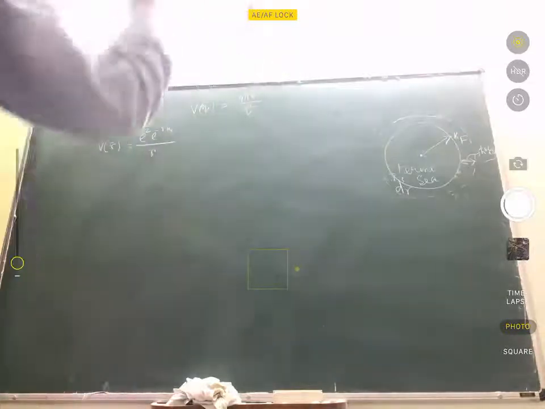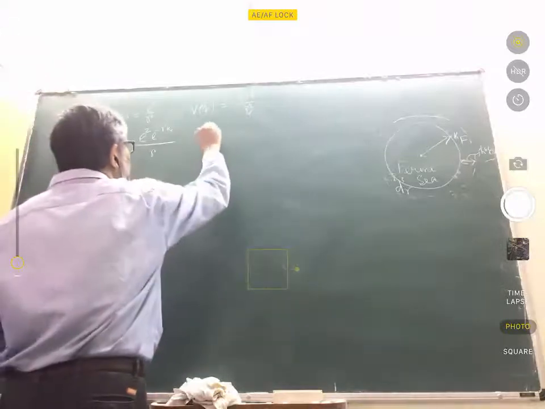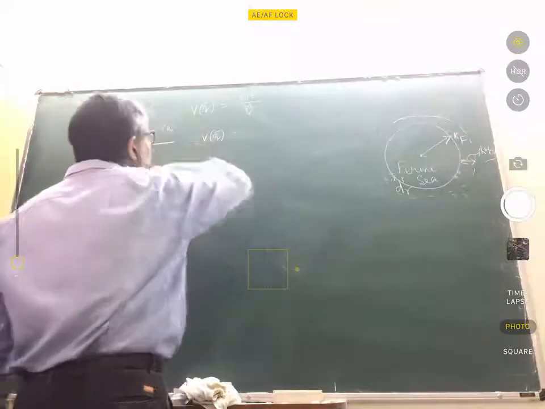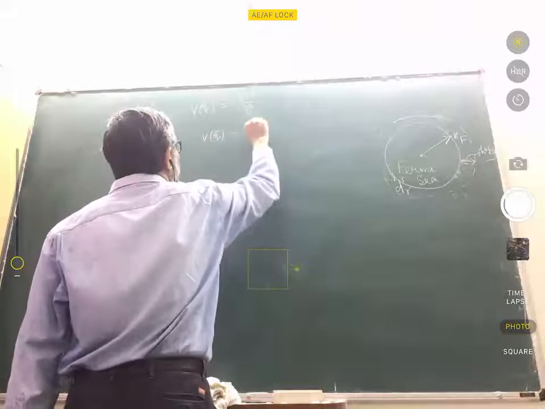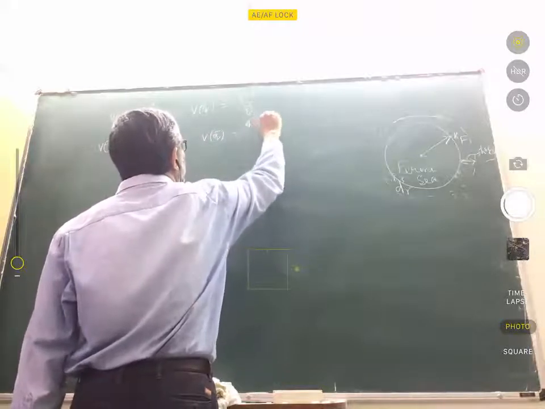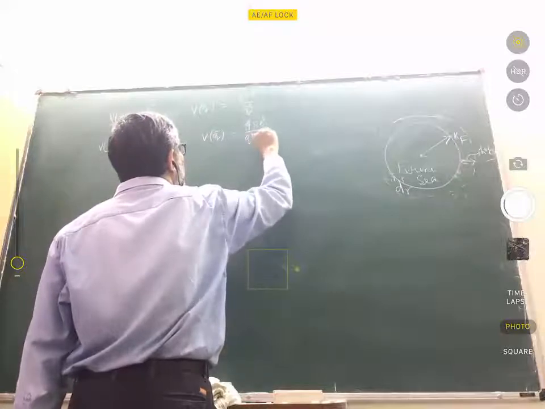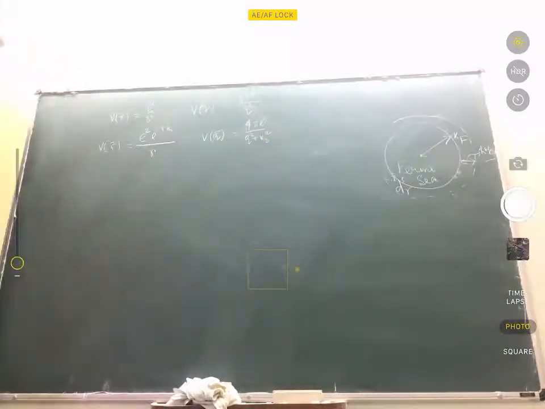Here k_s is some inverse of the screening length, and if you take a Fourier transform of this, this is the Fourier transform.